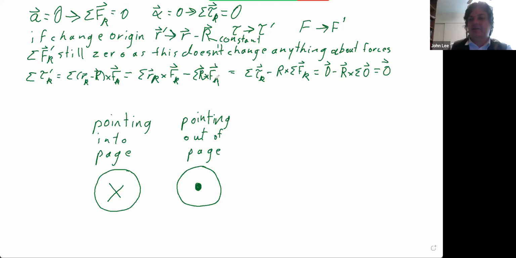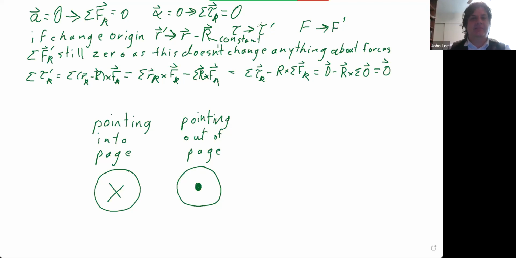It doesn't come into the equation when you are defining forces, but it does come into the equation when you're defining torques. So in order to prove that, we can change from little r of our initial system to R prime, where prime means that it's a new system. So R prime equals R minus that constant R.